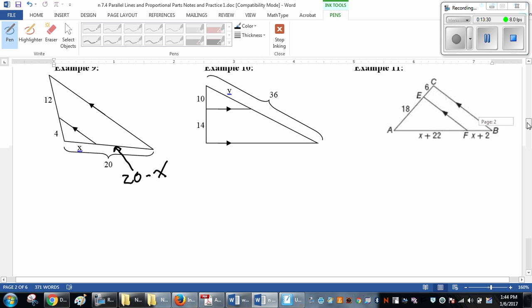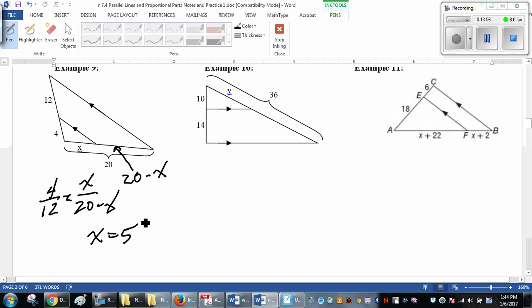So I'm going to set this one up for you, then you can go ahead and solve. 4 over 12 equals x over 20 minus x. Piece of cake, all right? Cross multiply and solve, and you should get, for this one, x equals 5.